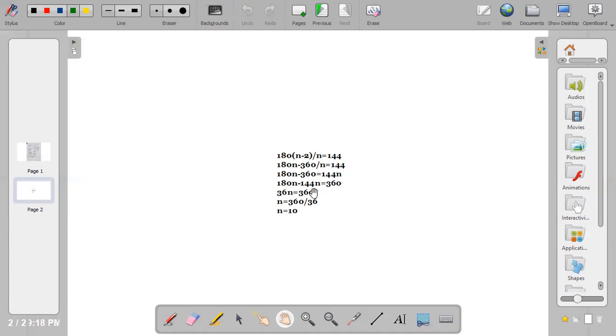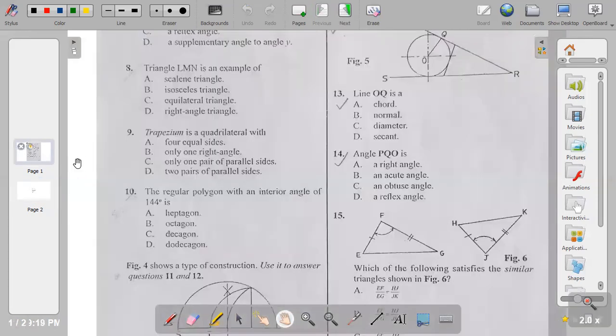Take away 144n from 180n, we have 36n, which is equal to 360. n equals 360 divided by 36. n equals 10, and 10 means decagon. Heptagon has 7 sides, octagon 8 sides, decagon 10 sides. So the answer is C.